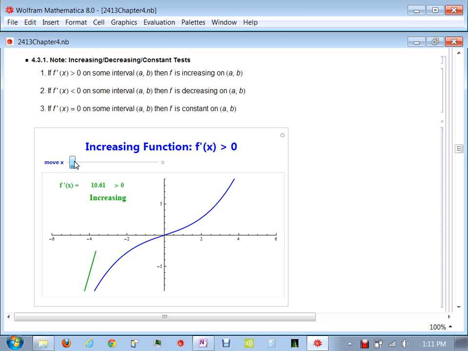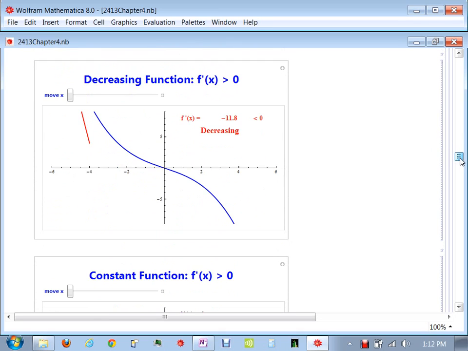So look at this blue function here and look at the tangent line at all those points. The green dot's moving across the function. Notice that the derivative, the slope of the tangent line, is always positive. So if the slope's positive, that means your function must be going up as you move from left to right. That makes sense? Positive slope means your function's increasing.